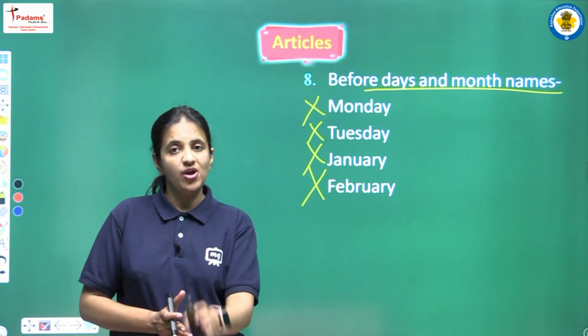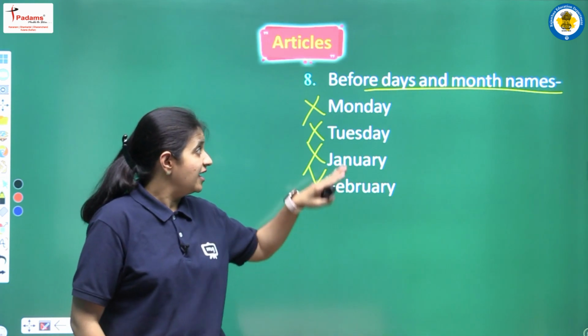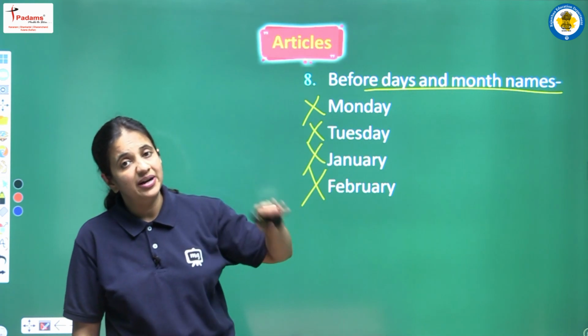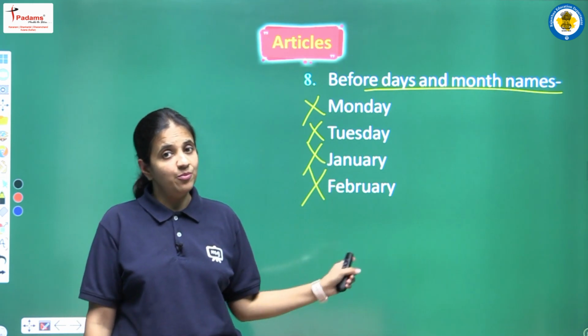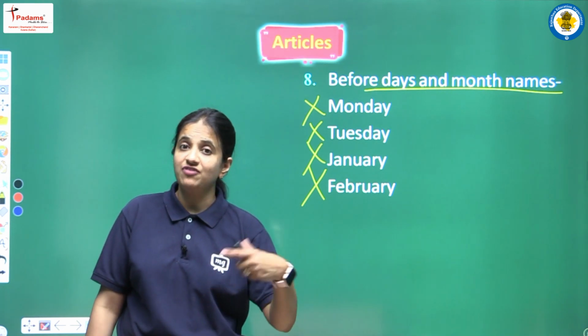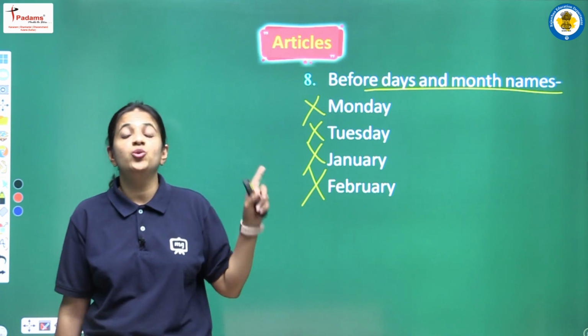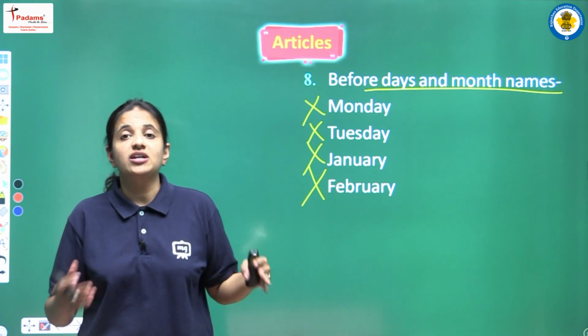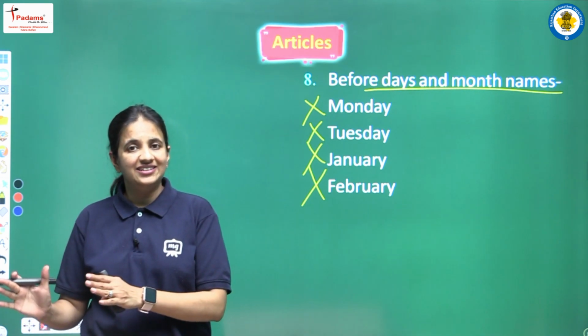But first of all, you have to judge whether the given noun is an uncountable noun, a day name, a month name, right? That can be a proper noun. So these points are very important. That can be a subject, any language, any game name, any festival name. So this is a very important point. You have to learn all these things, the things before which we cannot use any article.